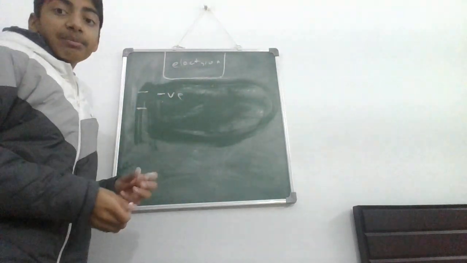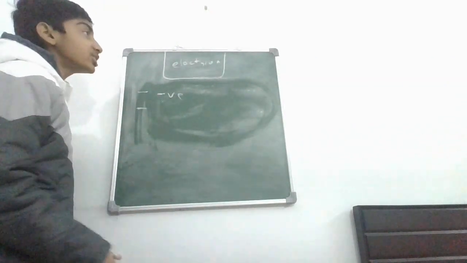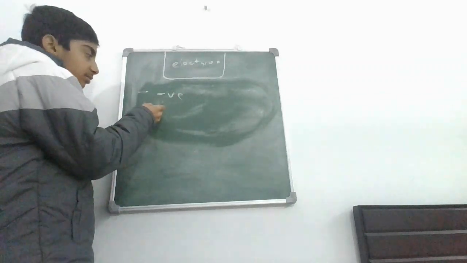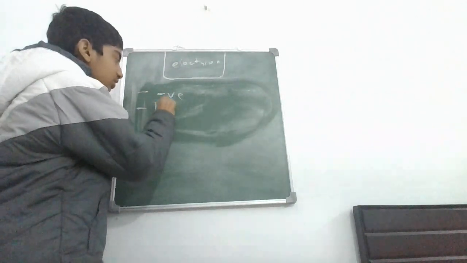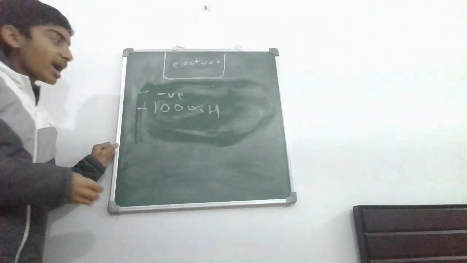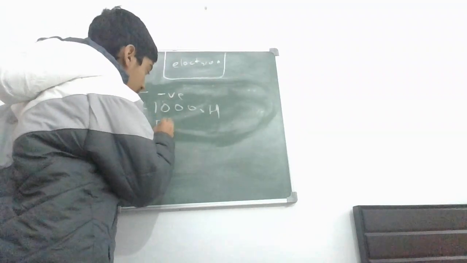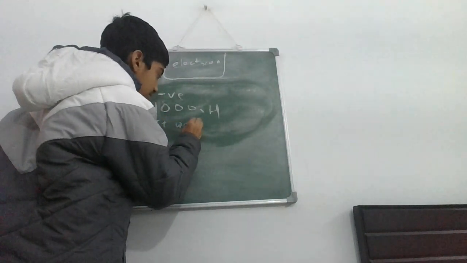The beams were made up of particles which are 1,000 times smaller than the smallest atom, which is the hydrogen atom. And the third thing, he found that it was found in atoms.